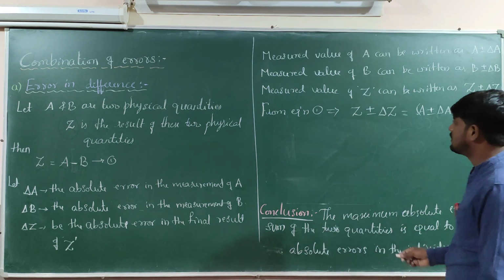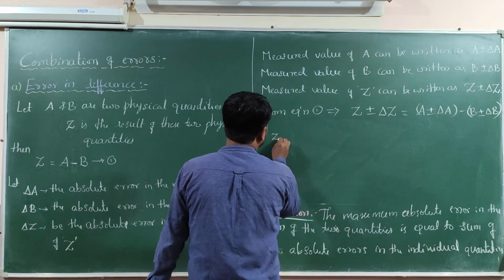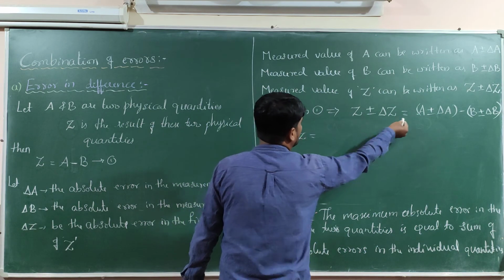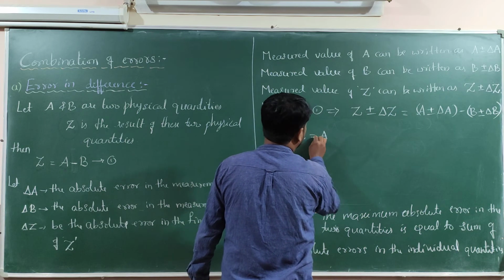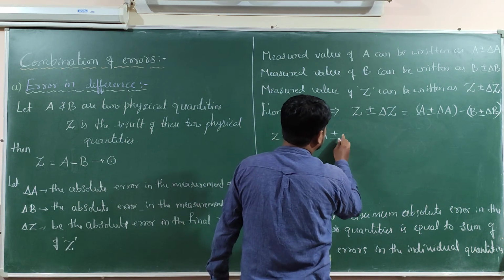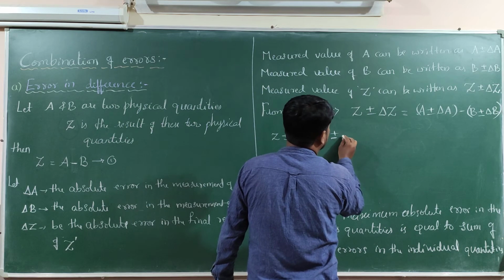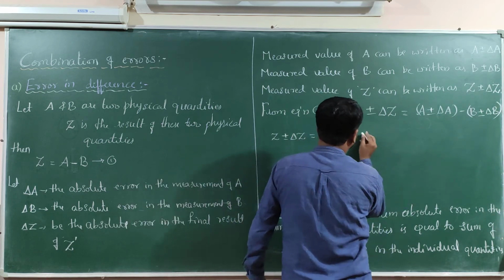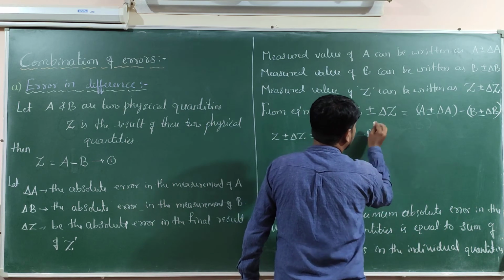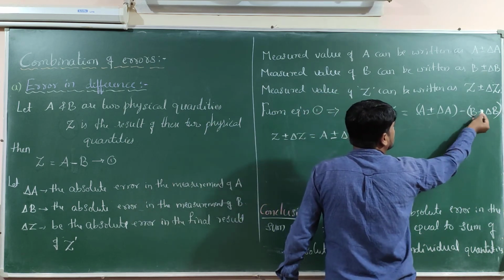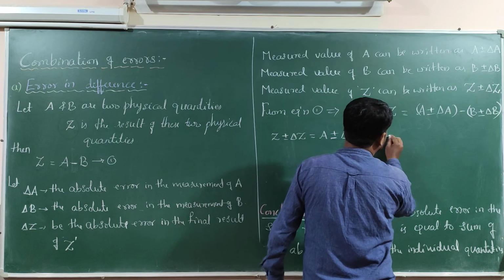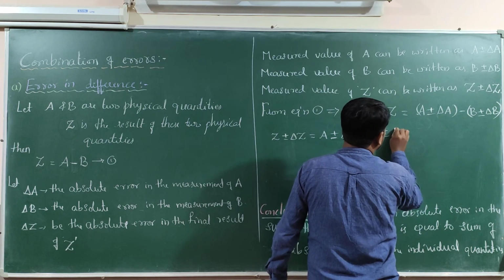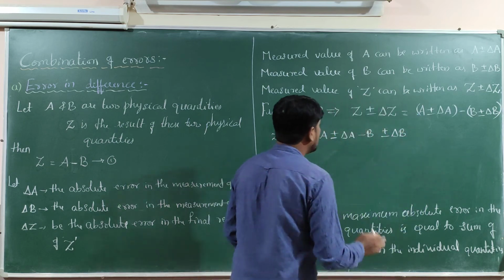So Z plus or minus delta Z is equal to A plus or minus delta A, minus into plus or minus B, minus into plus is minus, minus into minus is plus, again delta B.